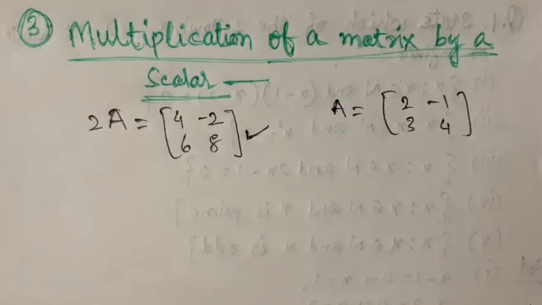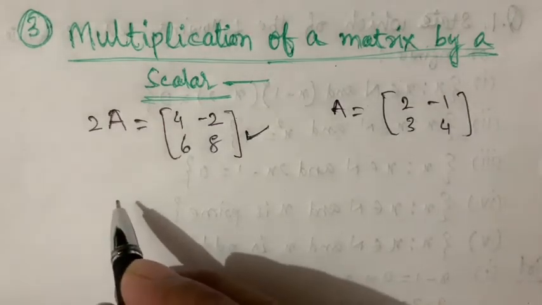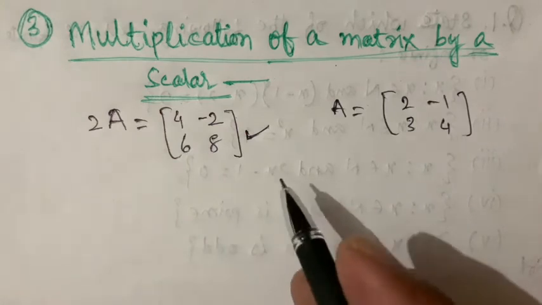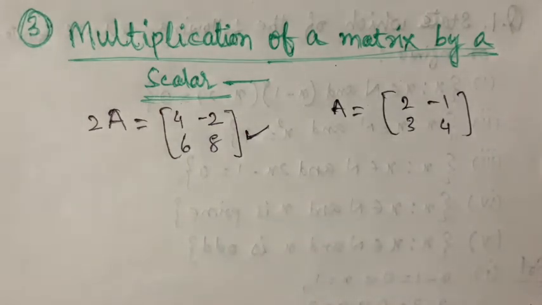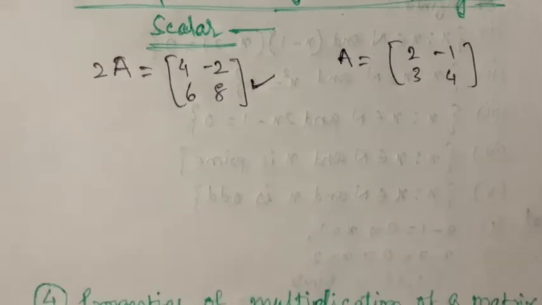That means each and every element of A gets multiplied with that scalar. As a result, we will have that matrix multiplied with that number. So if we multiply a matrix by K, then each and every element of that matrix will get multiplied by K.